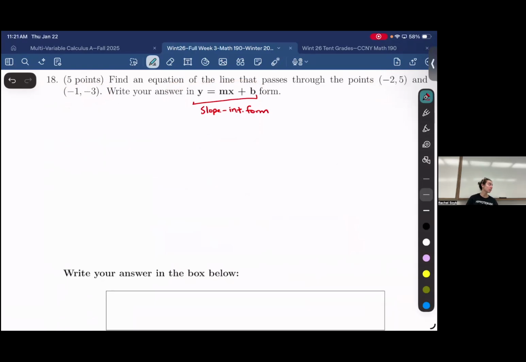You need to find the slope first. So our formula for slope, which is just our m value, which is this guy that we want to find, is delta y over delta x. When we're looking at two coordinate points, the difference between your two y values divided by the difference between your two x values.